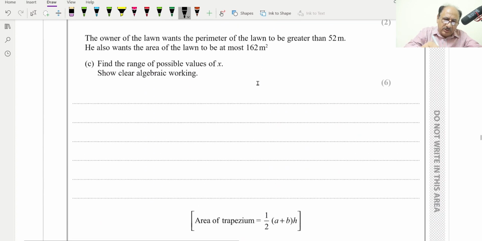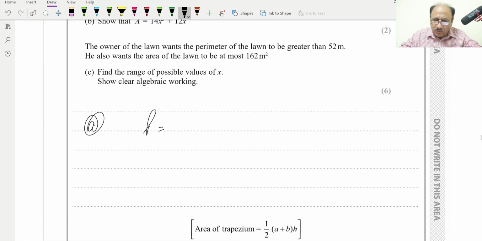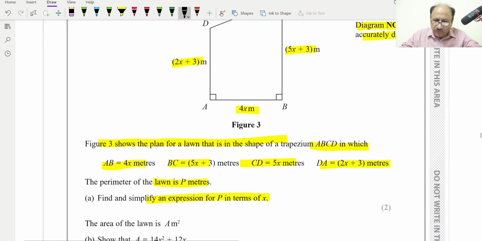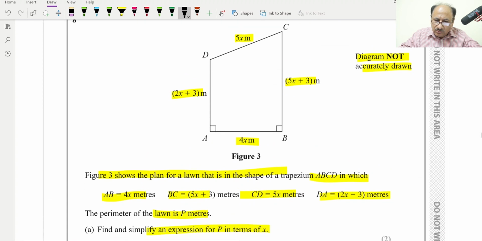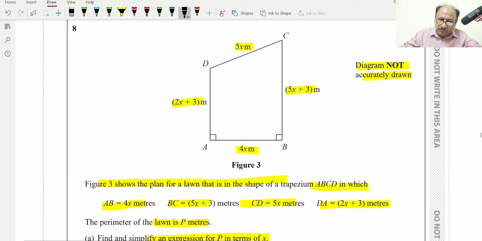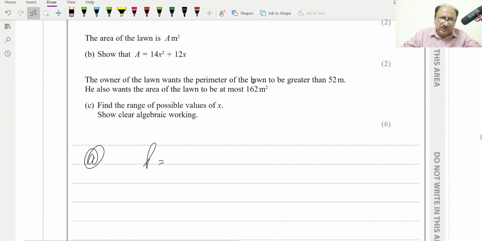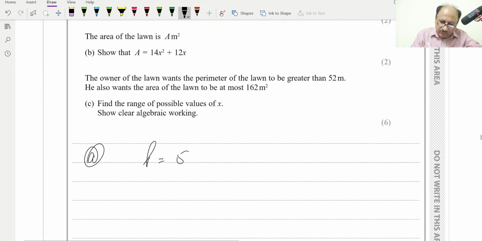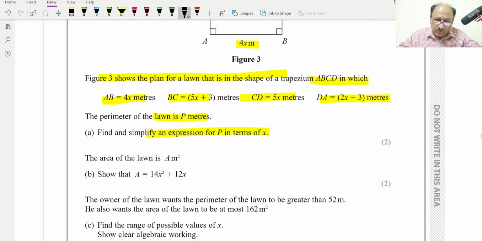So we'll have to just add all these values and write it equal to p. A part: perimeter p is equal to adding all the sides. We can start from anything, for example from here: 5x plus 2x plus 3, which I'll put in brackets so that you can figure it out.